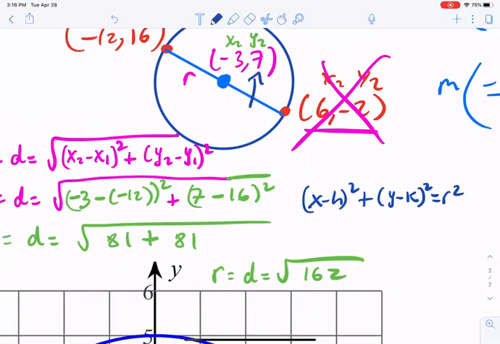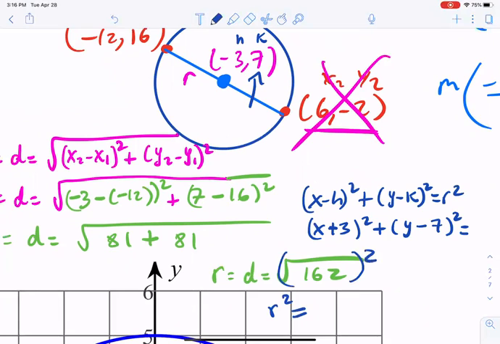So this is x minus -3, that's x plus 3 squared, plus y minus 7 squared, and this is r squared. So you need to square both sides. So r squared is 162. So that's the answer for this problem: 162.